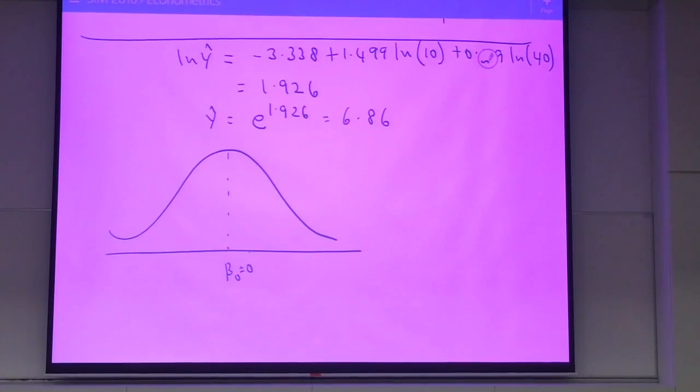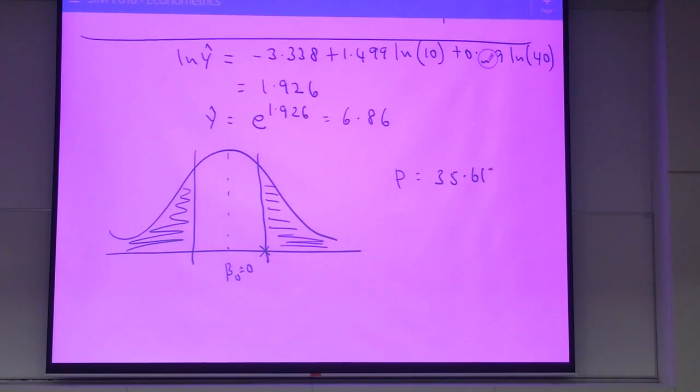Very, very small means that it is somewhere over here, such that the area to the right of this one and the corresponding area on the other side, these two areas put together is 35%. That is what the probability value or the p-value means. So p-value equal to 35.61% means that these two areas put together is 35.61%.